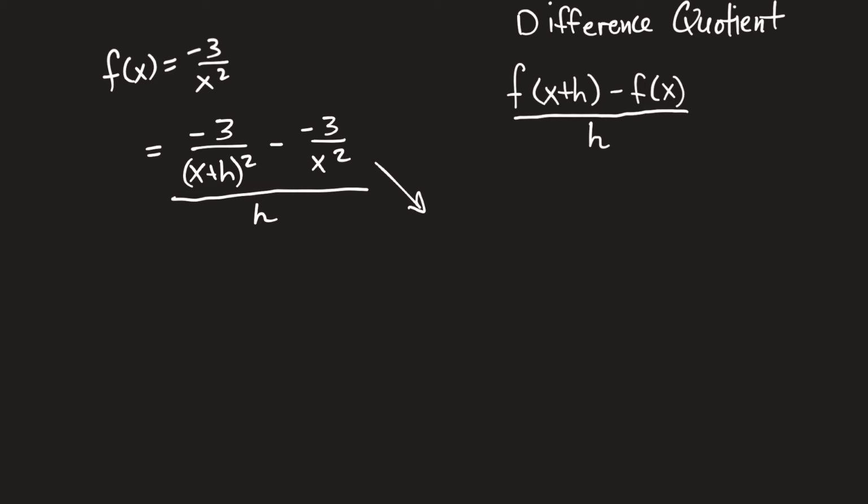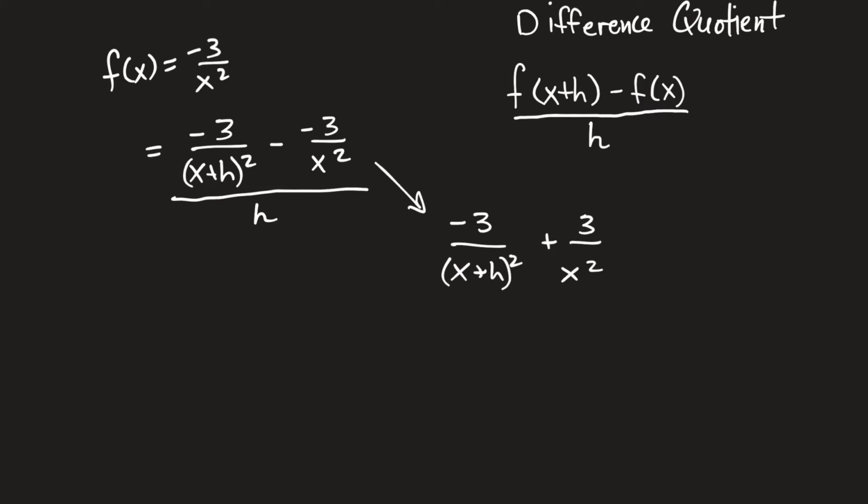So let's see, negative 3 over (x plus h) squared, really minus negative 3 is the same thing as plus 3 over x squared.